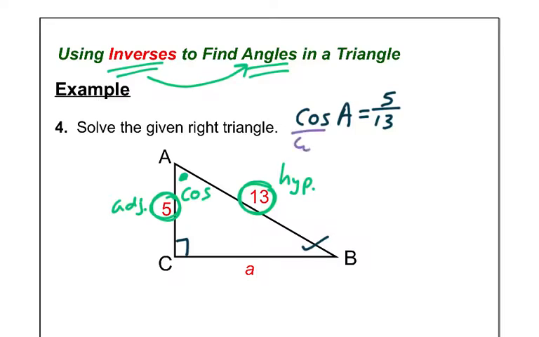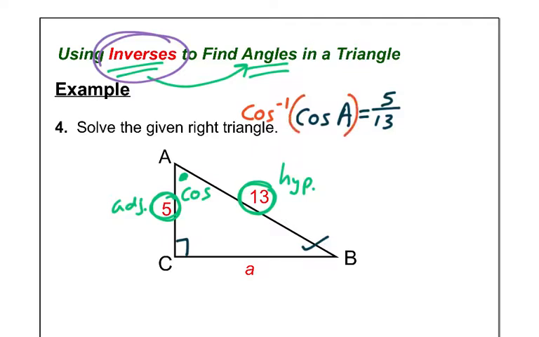Unfortunately, we can't just divide by a cosine. It just doesn't make sense because the cosine and the A are sort of a package deal. Like, you can't just rip it away. So we have to find another way of undoing the cosine. And the way to do that is by using, yep, you guessed it, the inverse. Watch what I'm going to do. I'm going to undo the cosine by taking the cosine inverse of the left side.